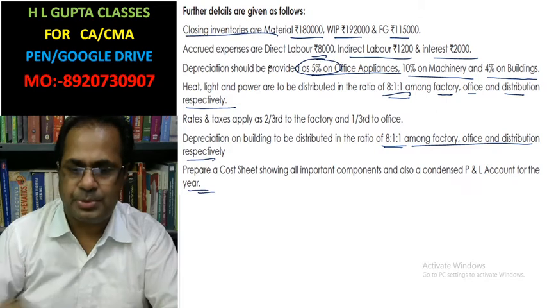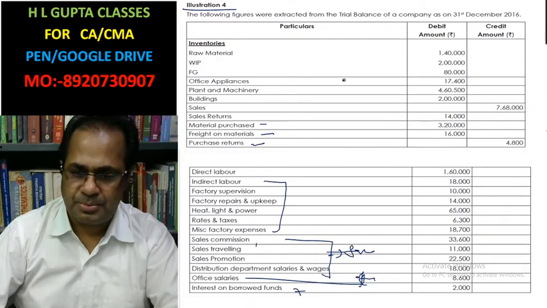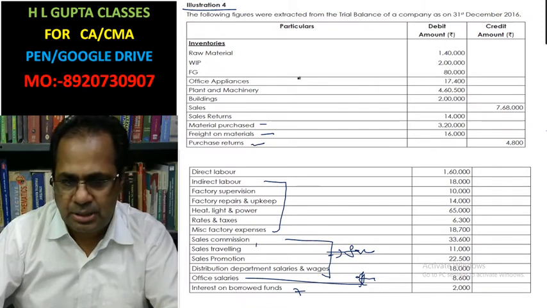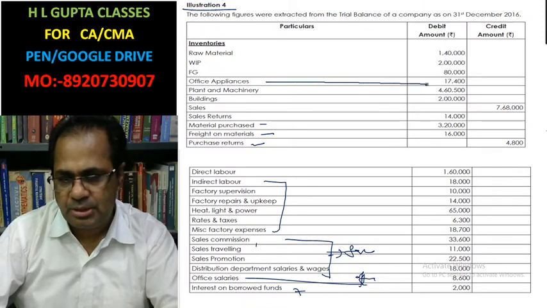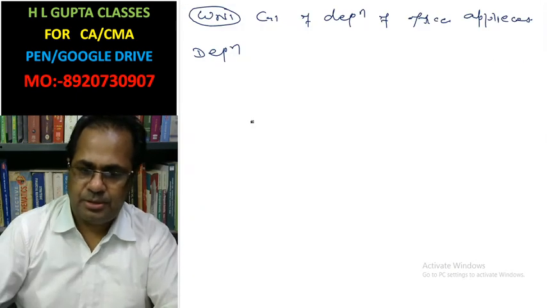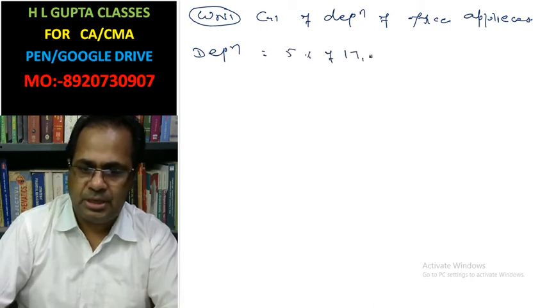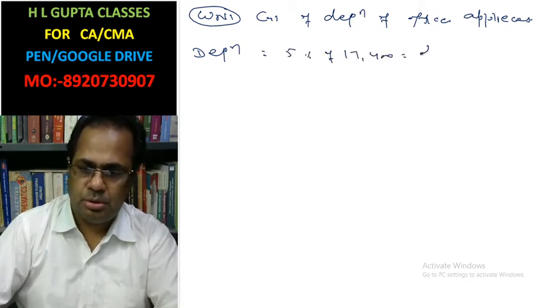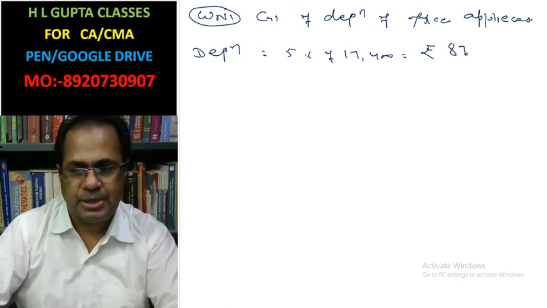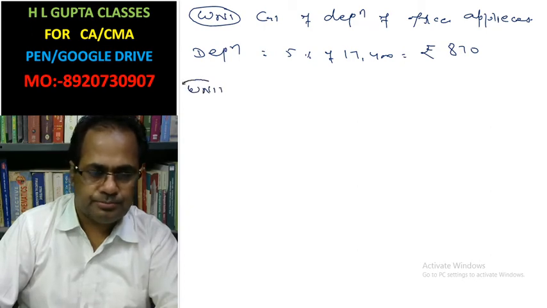This is given as 5%. Now what is the expenditure on office appliances? Office appliances is 17,400. So that is 5% of 17,400, that is rupees 870.